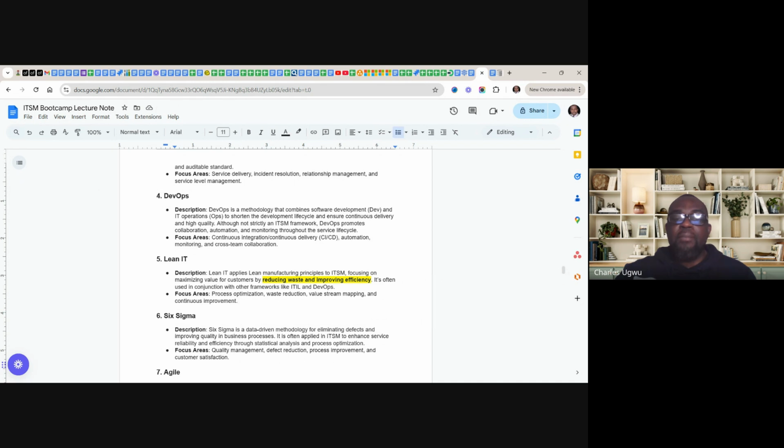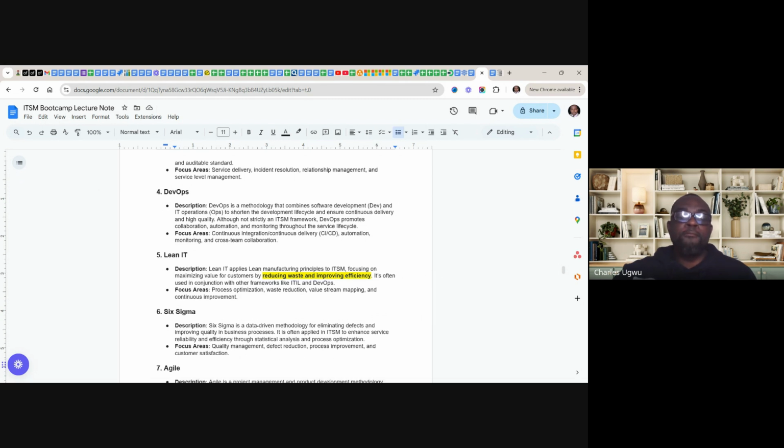It's often applied in ITSM to enhance service reliability and efficiency through statistical analysis and process optimization. It focuses on quality management, defect reduction, process improvement, and customer satisfaction. Like I said, Six Sigma is mainly on continuous improvement.